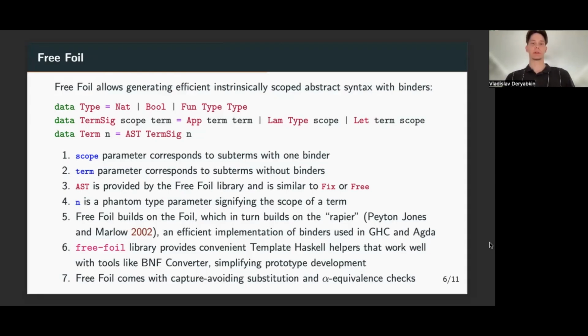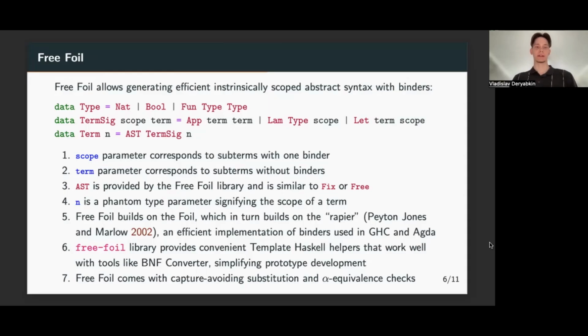The first parameter, named scope, corresponds to subterms with exactly one binder, like the body of a lambda abstraction or let binding. The second parameter, named term, corresponds to plain subterms like the two subterms of a function application or the first subterm of a let binding.